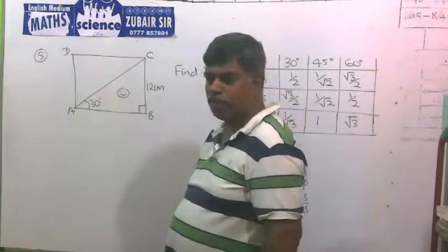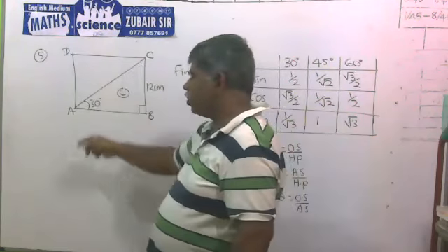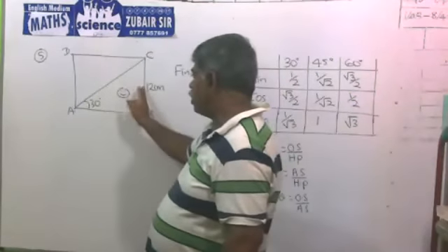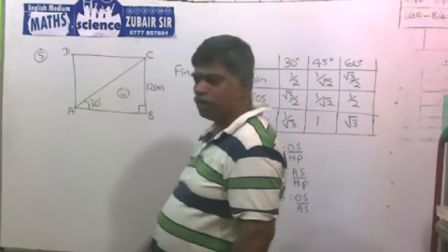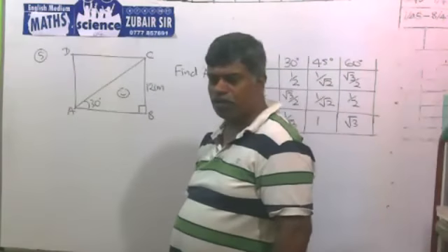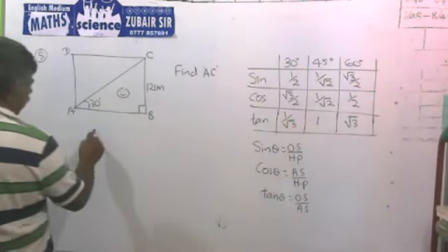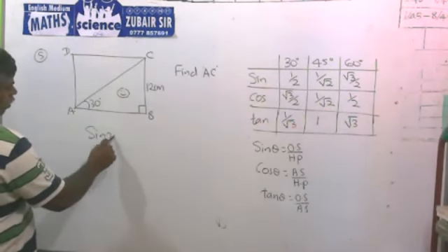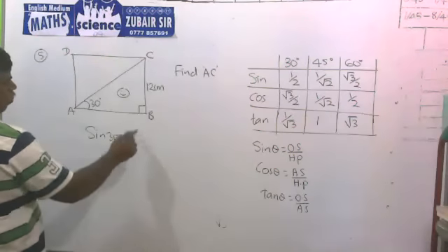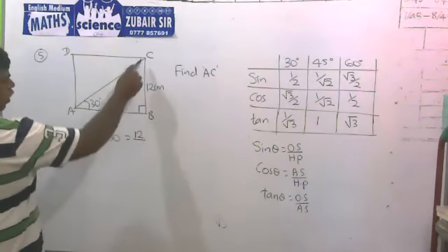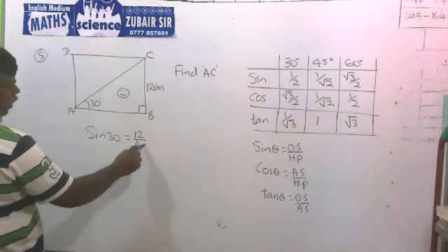Asking hypotenuse. Then opposite is given, hypotenuse is the question, means opposite and hypotenuse. Then we can use sine. So sine 30 is equal opposite over hypotenuse. Hypotenuse is AC.